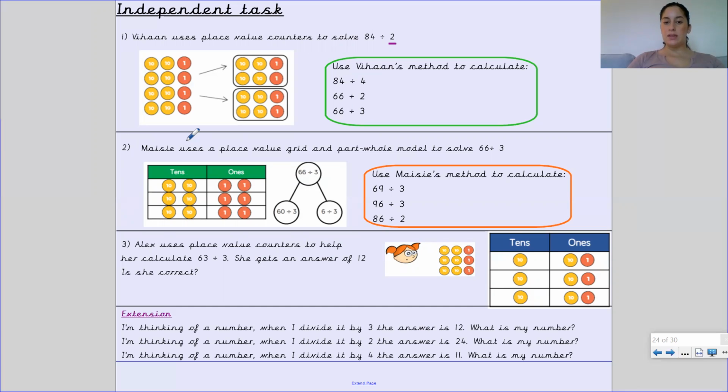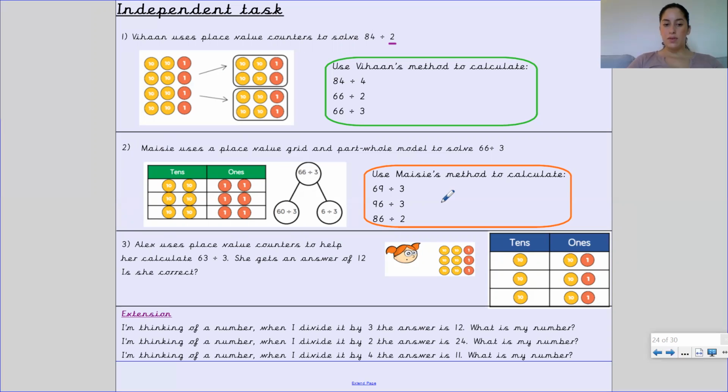Maisie uses a place value grid and a part-whole model to solve 66 divided by 3, which we just looked at. So she has partitioned 66 into tens and ones and divided each of them by 3 individually. So use Maisie's method to calculate these calculations if you feel like that's best suited for you.